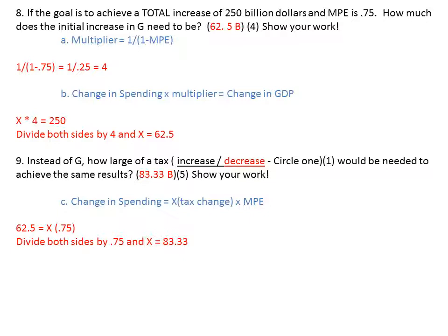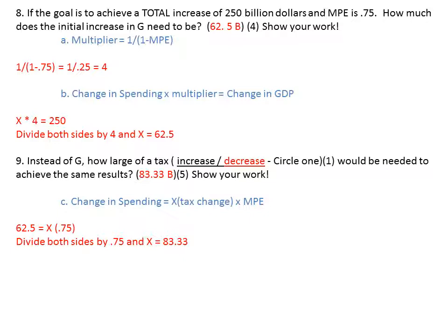Meaning with that marginal propensity to expend, a new dollar that's created and used in the economy actually creates $4 in economic activity. As one person spends 75 cents of every new dollar, the person who receives that 75 cents then takes 0.75 of that and spends it somewhere else, and so on and so forth, so that $1 actually creates $4 in economic activity.